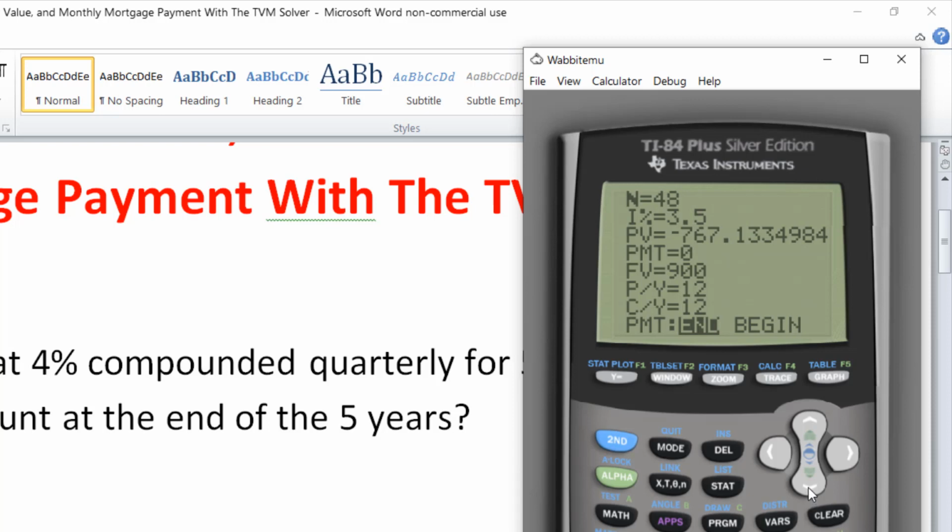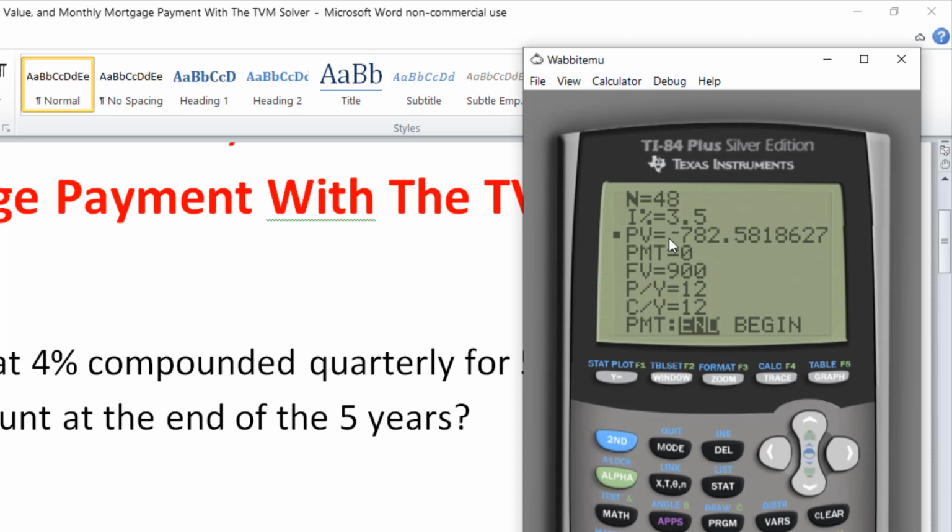So again, same thing, go to present value. I'm going to leave it like that and solve it and see if we get the correct answer. Everything else is correct. Hit alpha and then enter. And there it is.